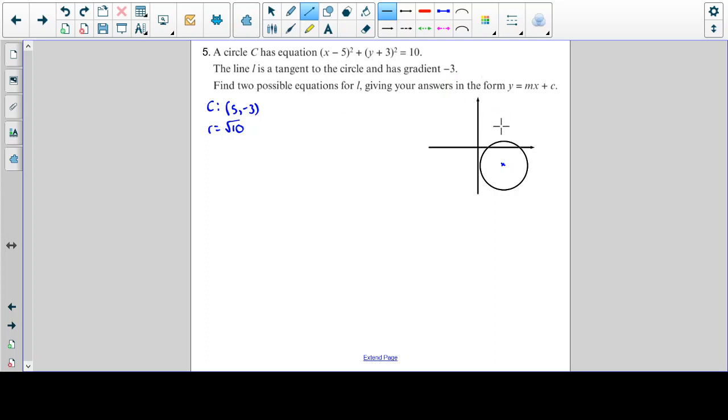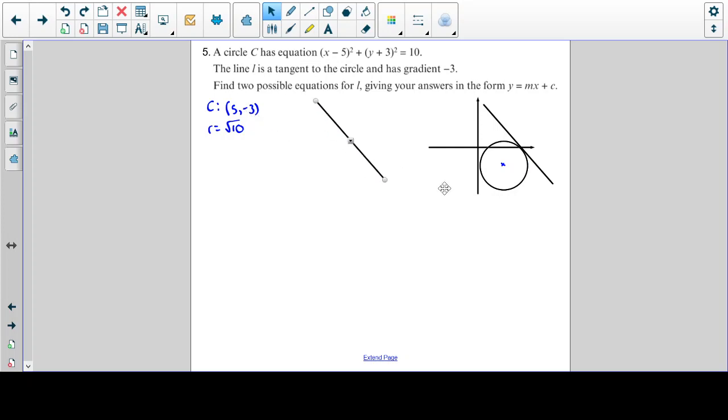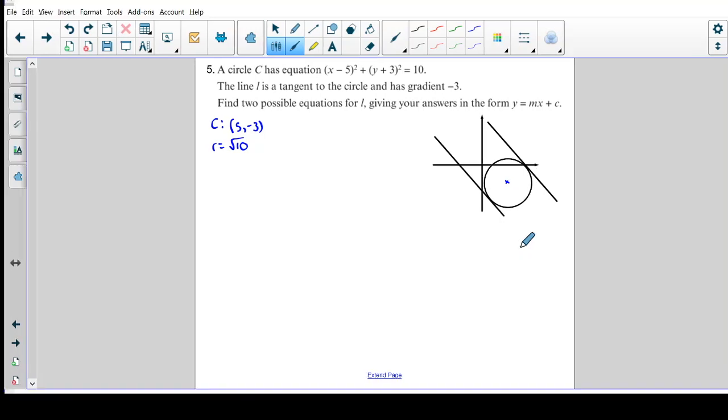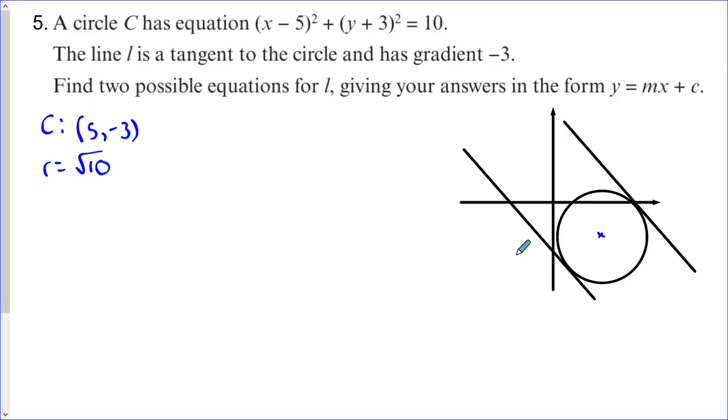The reason there's two is because we will have that one there. So imagine that as a gradient -3, and it's a tangent to the circle. And then if I just copy that, I've got another line with the same gradient on the other side of the circle. There. So I want the equation of both of those lines. I know that's 5 minus 3.